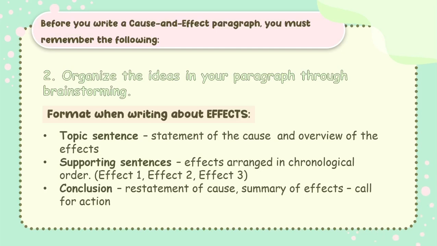And we also have conclusion. It is their statement of cause, summary of effects, and call for action. If the format when writing about cause is listing or narrating of causes, here in the format when we are writing about effects is narrating of the effects.